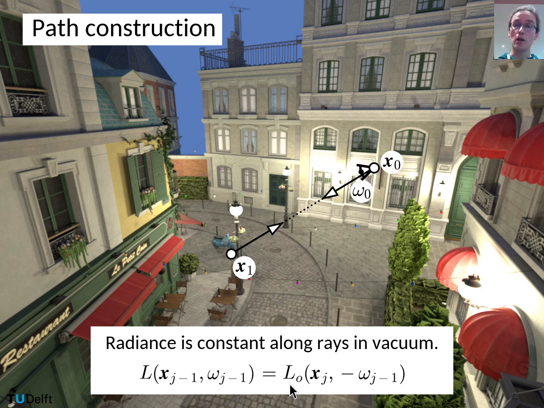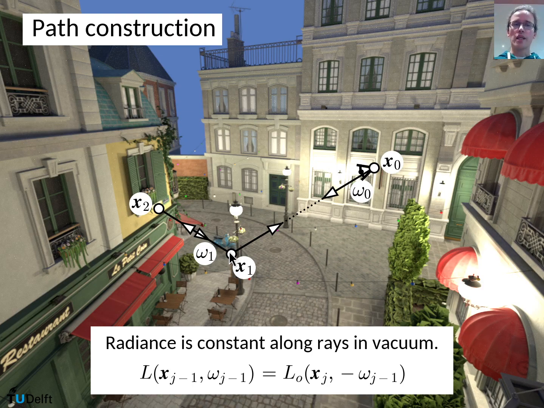And to compute outgoing radiance, we can use the rendering equation. Now to do this, we have to solve this integral inside of the rendering equation. And for that, we are now using Monte Carlo integration. So we pick a random direction vector omega 1 in the hemisphere for this point x1.